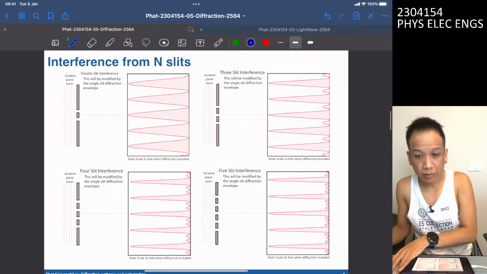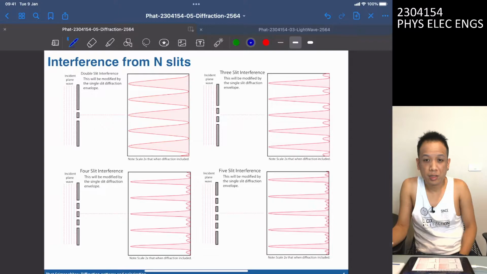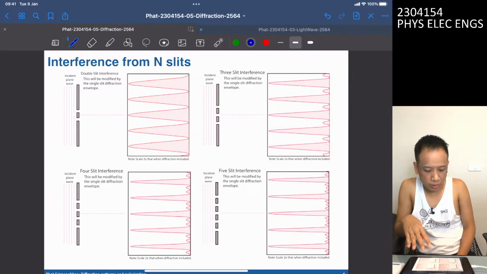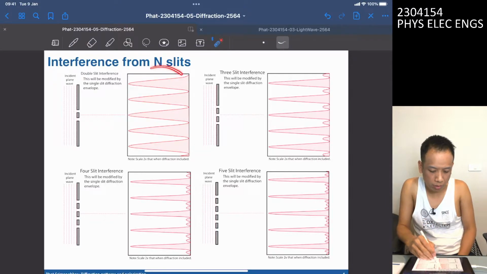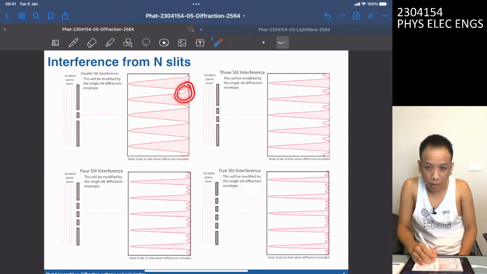So for interference from the N slit, this is how it looks like. We summarize it in the next page, but just to see, this is the double slit. You don't have secondary minima, secondary maxima. You have one minima between principal maxima.